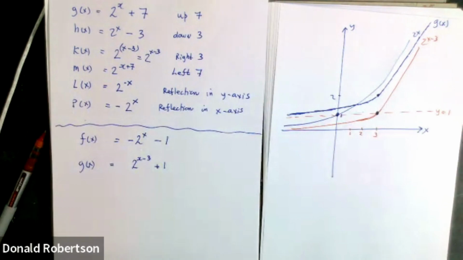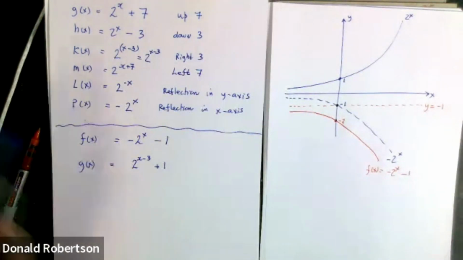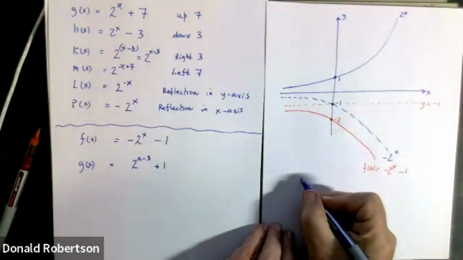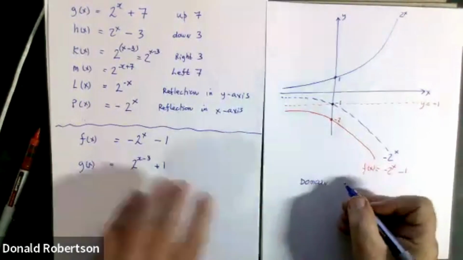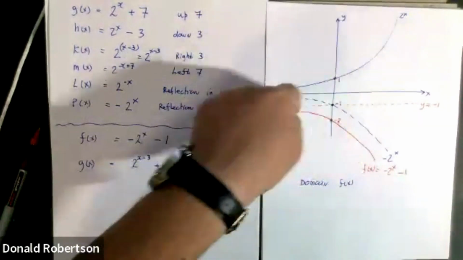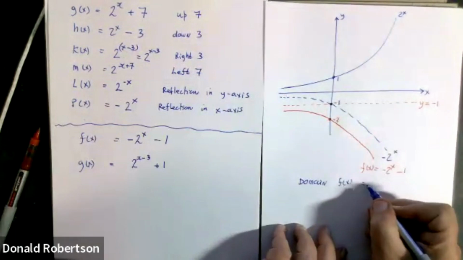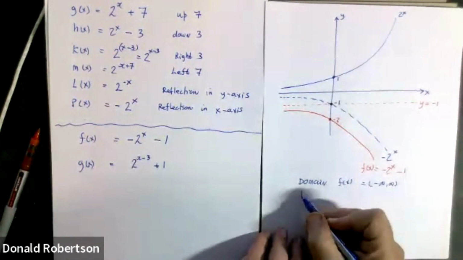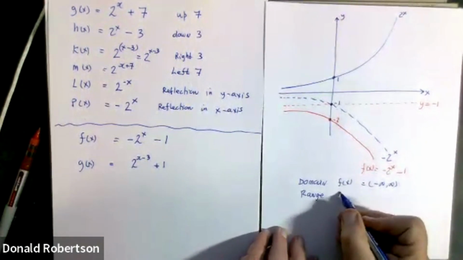I'm going to return to the first one now, which is this guy. And let's look at some of its basic properties. Well, the domain of f of x, which is this red guy, is still real numbers. Let's do the range of this function.